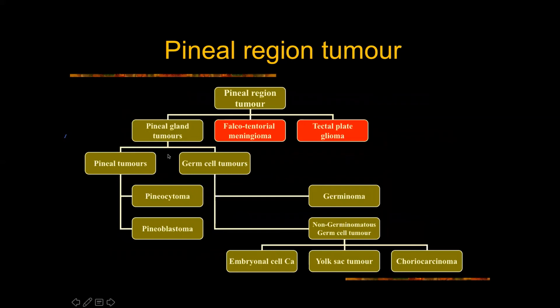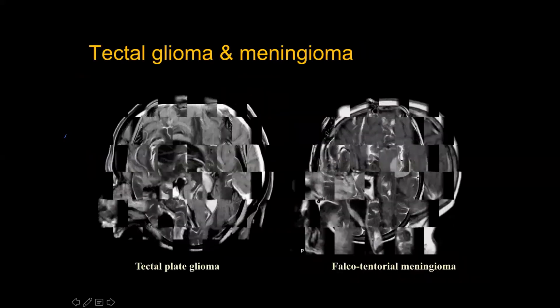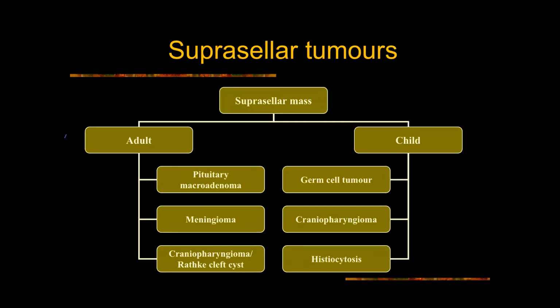Once you get rid of the pineal tumors, falcotentorial meningioma and tectal plate glioma, which we've already talked about, we move to the next group, which is suprasellar tumors. Once you see a mass in the suprasellar region, the differential diagnosis between adults and children is different. For a suprasellar mass, the first thing is: is the lesion above the sella or is it coming from the sella?